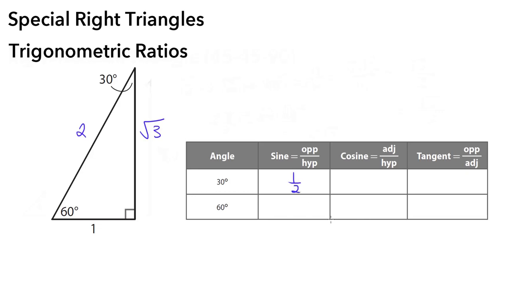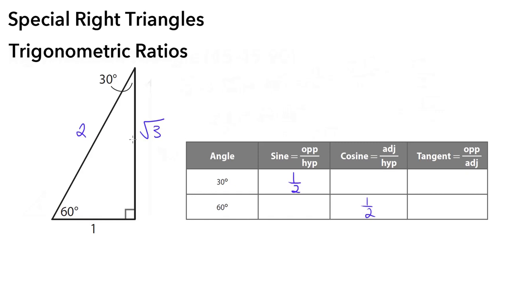That's 1/2. Now remember what we learned when we learned about sine and cosine, the relationship they have, that the sine of one of the acute angles is equal to the cosine of the other acute angle. So if the sine of the 30-degree angle is 1/2, then the cosine of the 60-degree angle is also 1/2. Now let's take the cosine of the 30-degree angle, which is adjacent over hypotenuse.